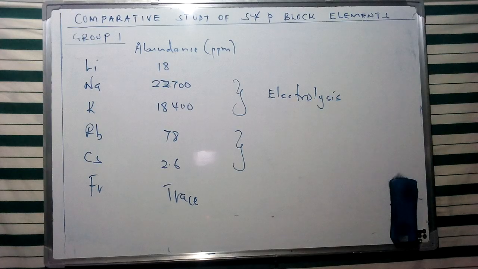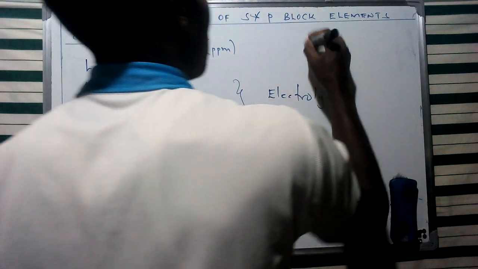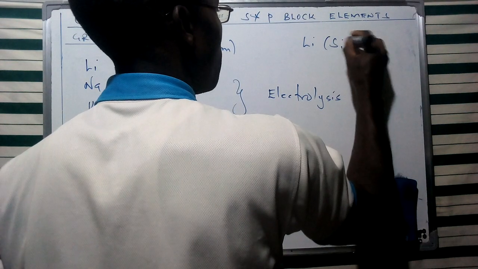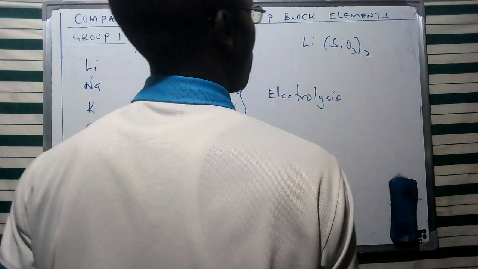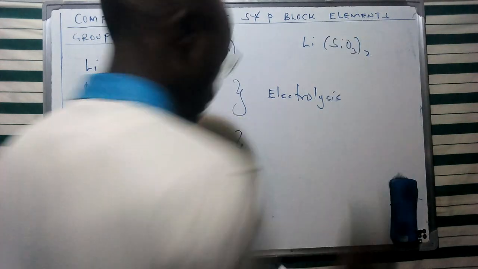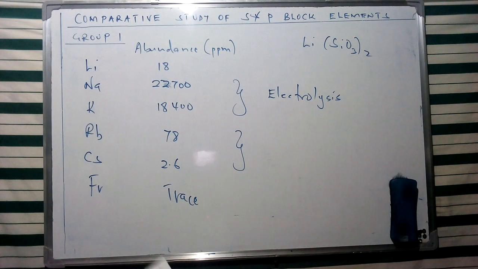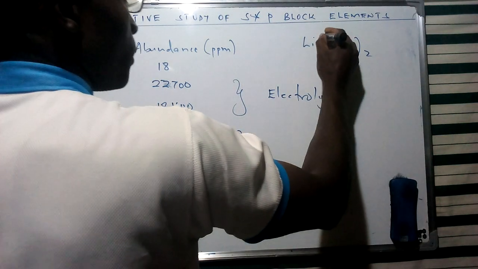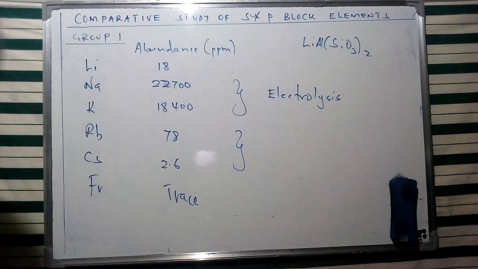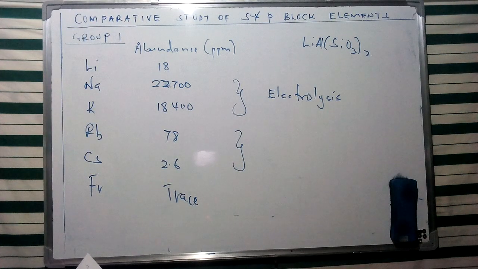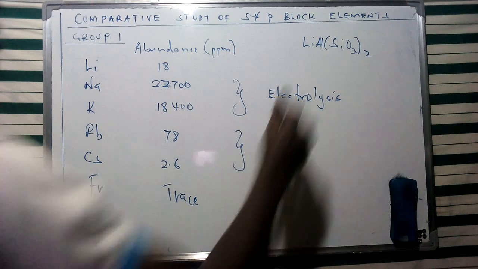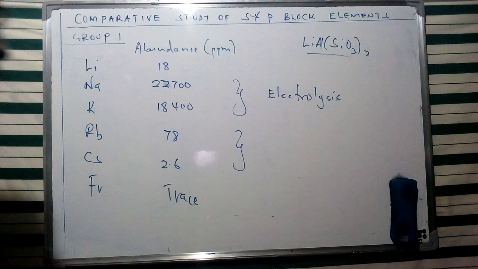Spodumene is a lithium ore, a compound consisting of lithium, aluminium, and silicate. And spodumene is one of the compounds which we use in trying to obtain what we call lithium.